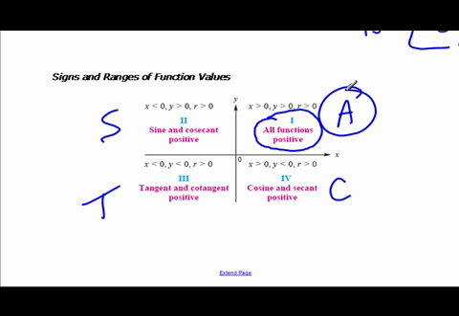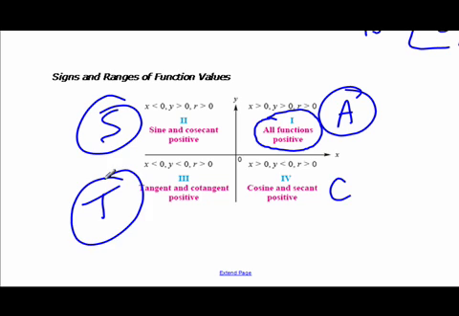What he said he was taught in high school, all students take calculus, is a way of simply remembering which quadrants have a positive or a negative trig function. Because knowing what quadrant you're working in, and that telling you if your trig function is positive or negative, could save you a lot of steps with some more advanced problems coming up in future sections. Okay?